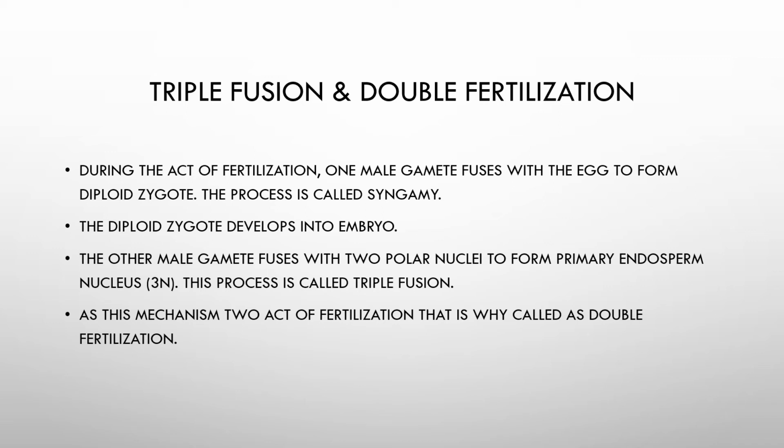Because it is the fusion of three nuclei: two polar nuclei and one male gamete. In this process fertilization occurs two times, and that is why we call it double fertilization.